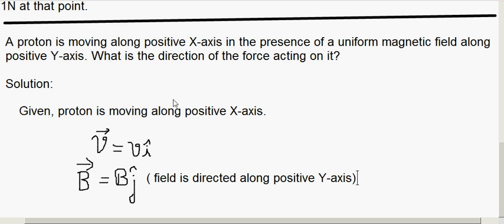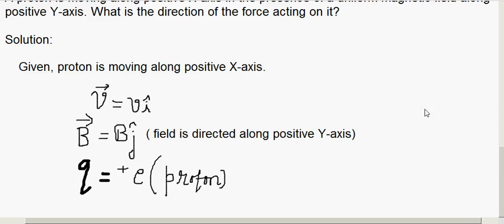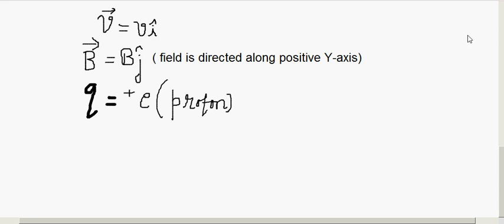Now it is a proton, so I can take Q is equal to plus e, because it is a proton.